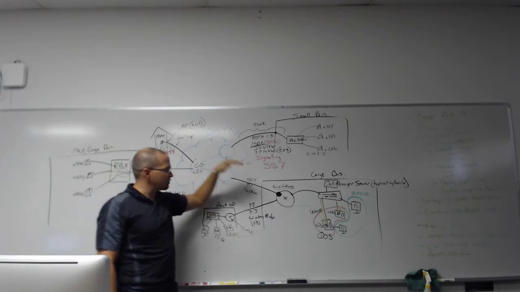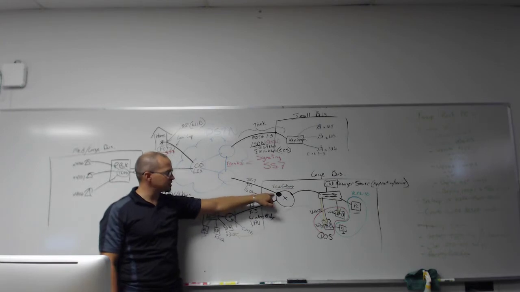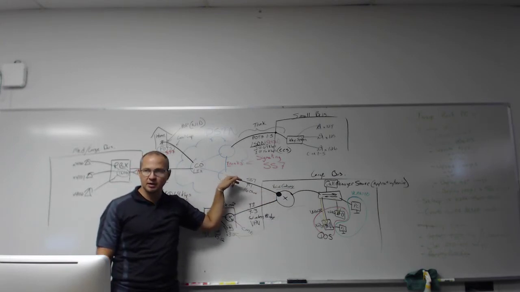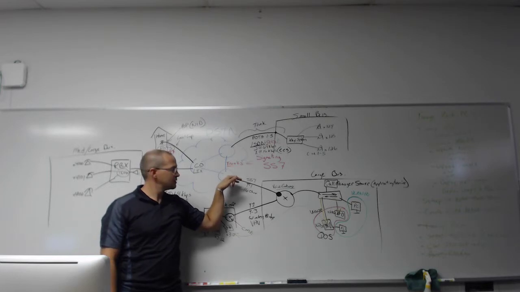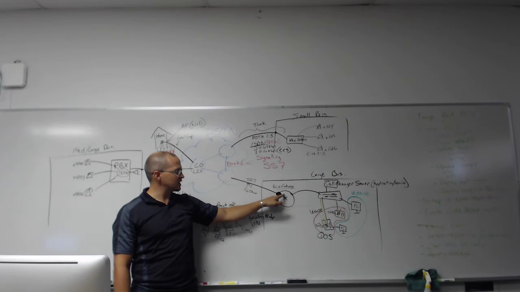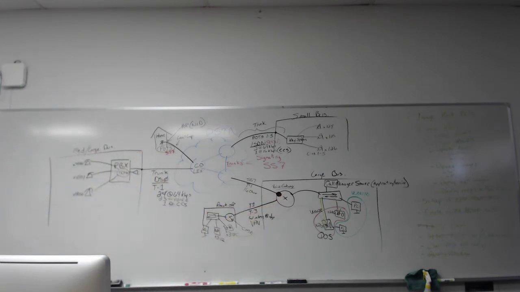So we need to somehow convert our voice calls that are IP based and packets into a digital signal over a T1 channel that's going to be recognized by the telephone company. So how do we do that? We need some sort of module there. That module is called a DSP.